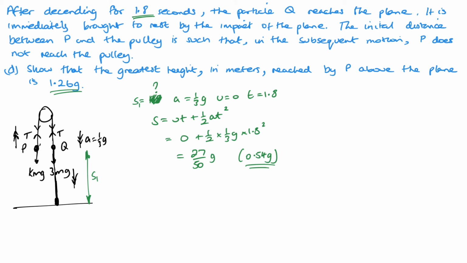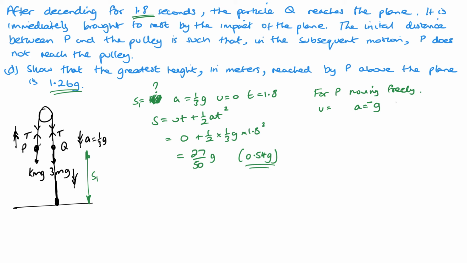Now at this point, P is moving freely under gravity. So if we think now for P, while it's moving up, it's going to have an initial speed. We don't know that, but we can find it. We know the acceleration is going to be gravity, probably minus g if I'm thinking of it down.